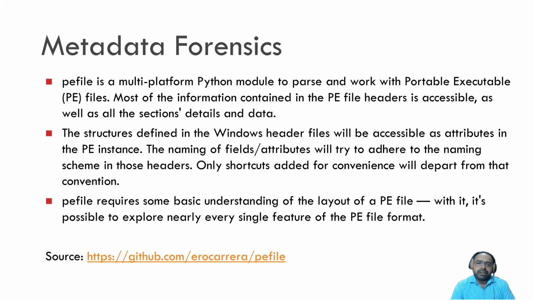The naming of fields or attributes will try to adhere to the naming scheme in those headers, so only shortcuts added for convenience will depart from that convention. Using pefile requires some basic understanding of the layout of the portable executable file. With it, it's possible to explore nearly every single feature of the PE file format.